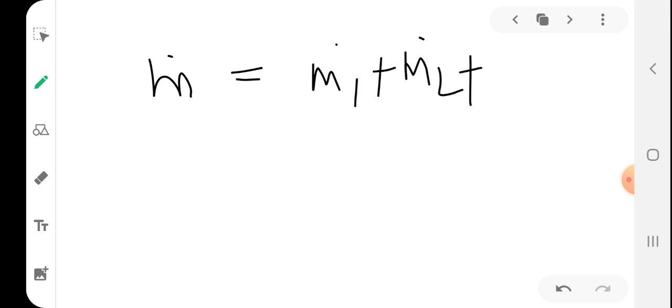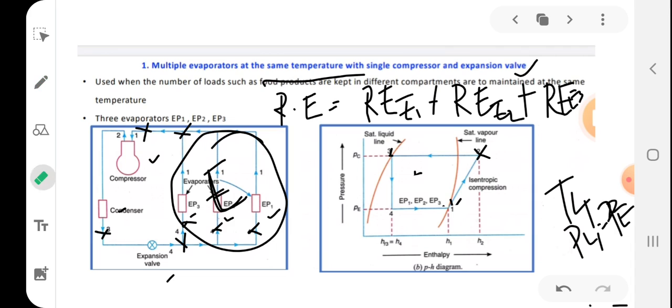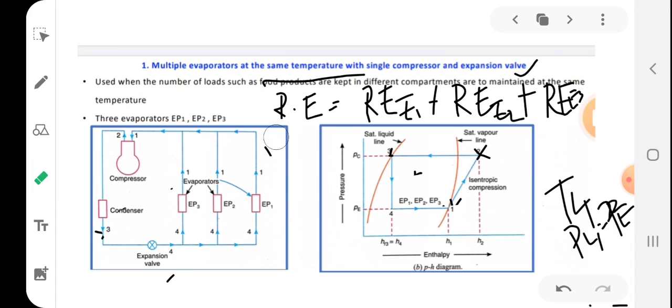So the total mass M dot will be M1 dot plus M2 dot plus M3 dot. Okay, so you can see here, the mass flowing through this circuit will be M dot, and these circuits will be M3 dot, M2 dot, M1 dot.